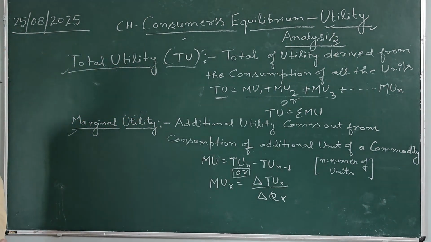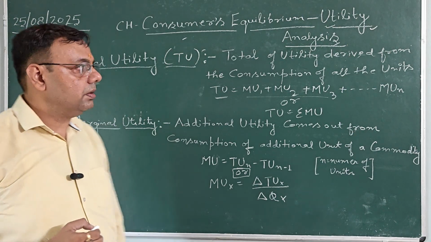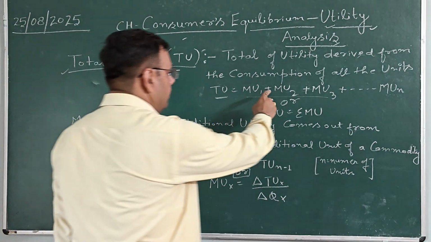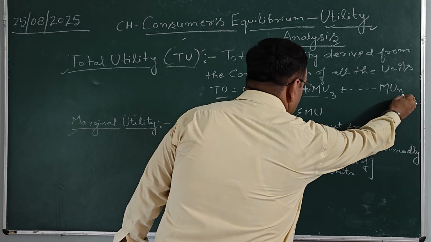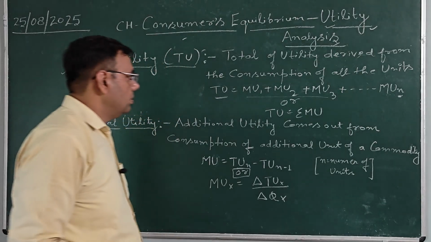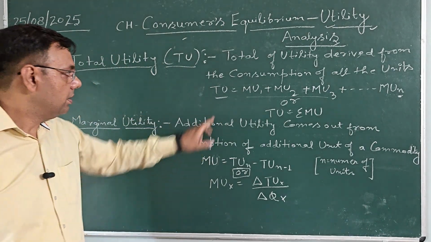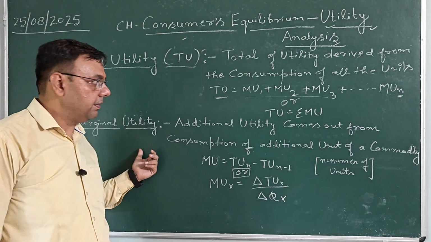Total means it refers to the sum total of all the units which are consumed by the consumer. So MU1, MU2, MU3 and up to MUn. N means number. So here what is M? It means marginal utility. I will tell you about marginal utility in the next content.